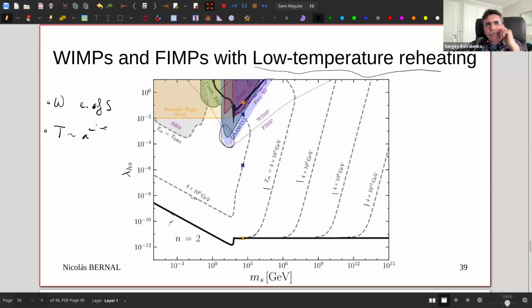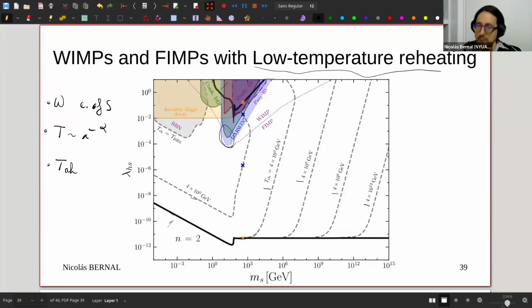Let me put this alpha. So how the temperature scales during reheating, and what is the reheating temperature? This is really the three parameters that I'm using. Of course, this is an effective approach. You can parameterize within these three parameters. However, if you have a full setup, you can compute that.